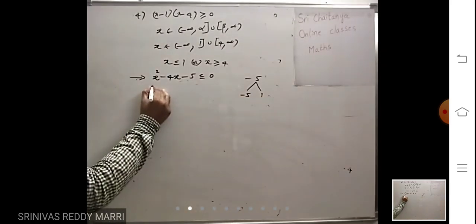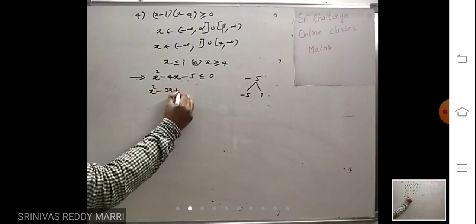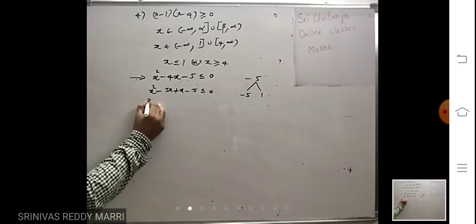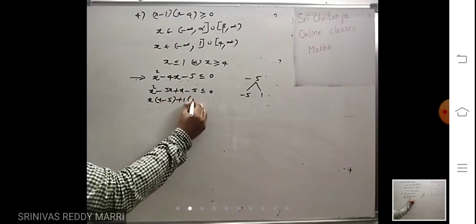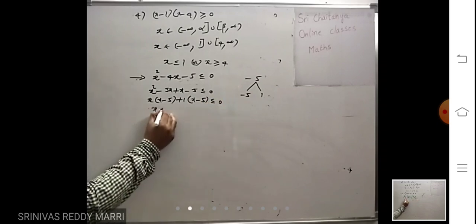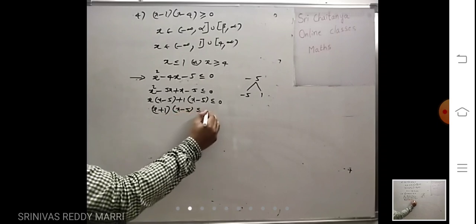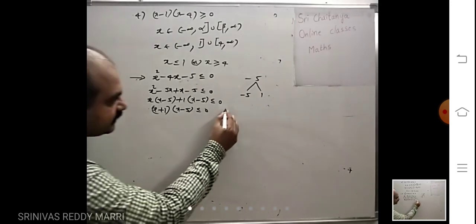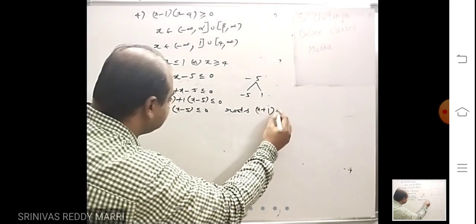So we will factorize like this: x square minus 5x plus x, like this. Factorize. So x into x minus 5 plus 1 into, just factorize, x plus 1 into this, right? So this is the one. Now roots, just equate it to 0.